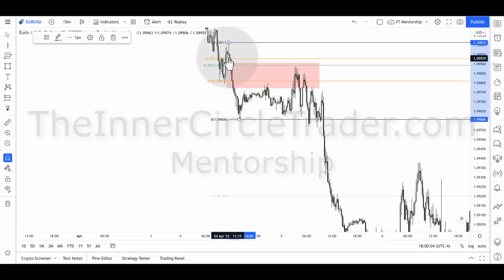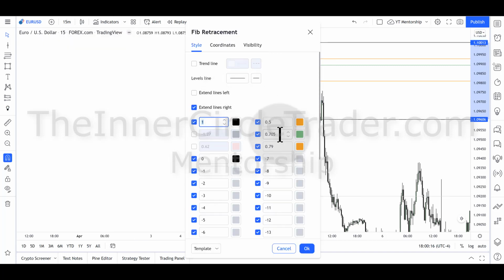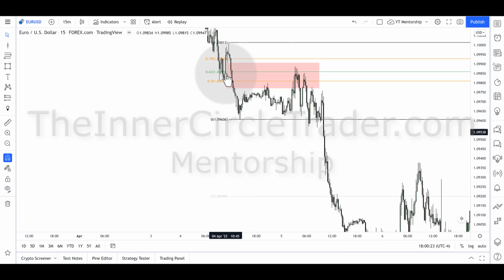Okay, so we have optimal trade entry levels in here. I'm not sure why I don't have the 60 level in that. I'm going to change that 70 level right here. There you go. So 62 to 79% retracement level. There's your optimal trade entry. So here we have another element of price.